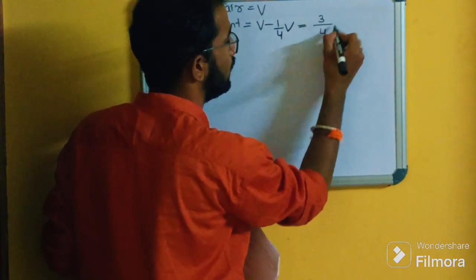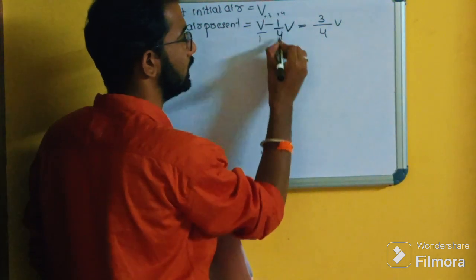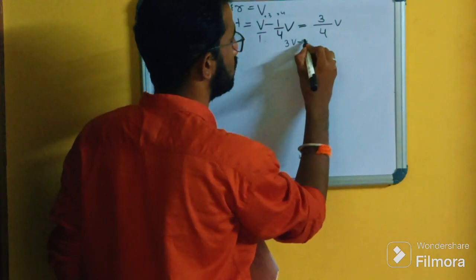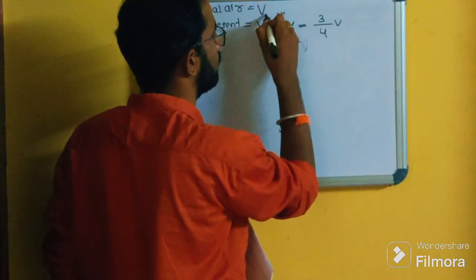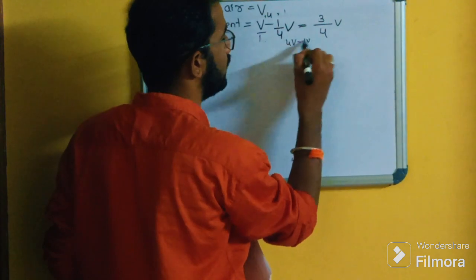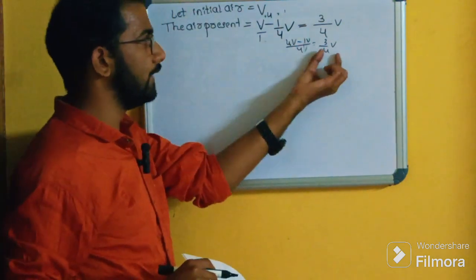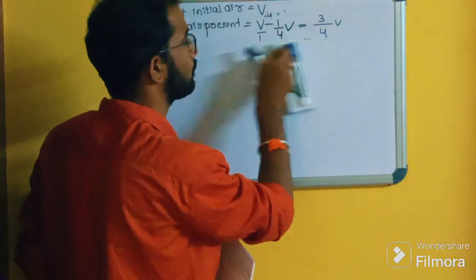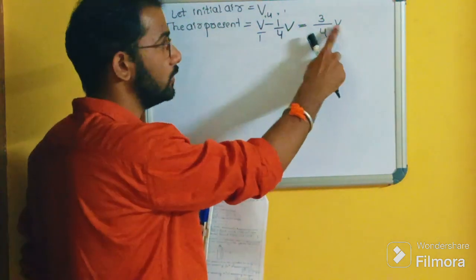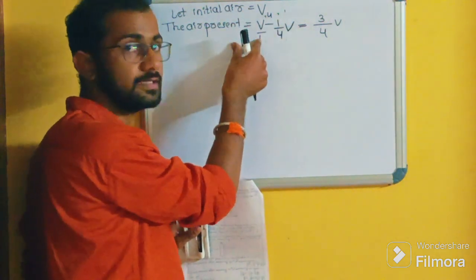That is 3 by 4 V. If you take the LCM, it is 4V minus 1V divided by 4, that is 3 by 4 V. So 3 by 4 V is the value when you remove 1/4 of the total air present in the cylinder.